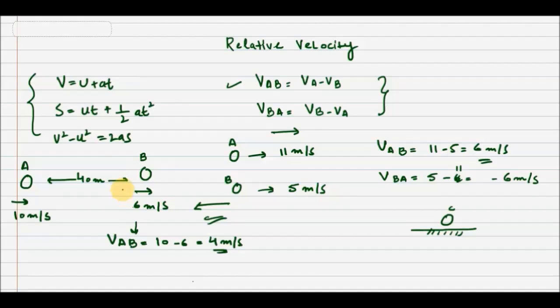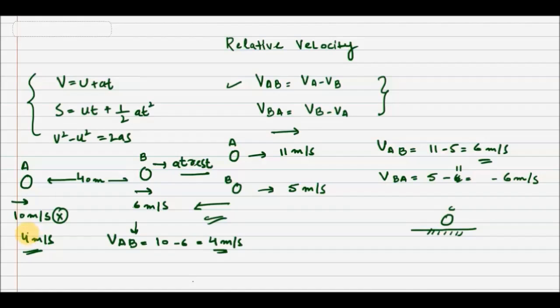Now, the technique is, in order to calculate the time when A will finally meet B, you simply put B at rest, and you don't give A a velocity of 10 meters per second, but give it a velocity of 4 meters per second. Now you have given B rest, and A the velocity of 4 meters per second.